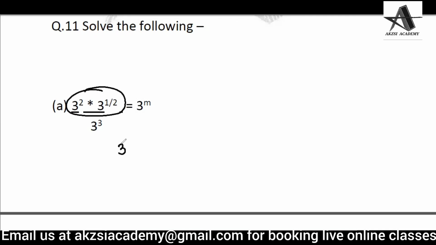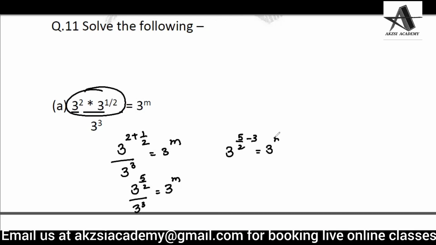So 3 to the power of 2 plus half, over 3 to the power of 3, equals 3 to the power of m. 2 plus 1 by 2 is 5 by 2. 3 to the power of 5 by 2 over 3 to the power of 3 equals 3 to the power of m. Now we subtract the powers because we are dividing. 3 to the power of 5 by 2 minus 3 is 3 to the power of minus half, equals 3 to the power of m, and m is equal to negative half.